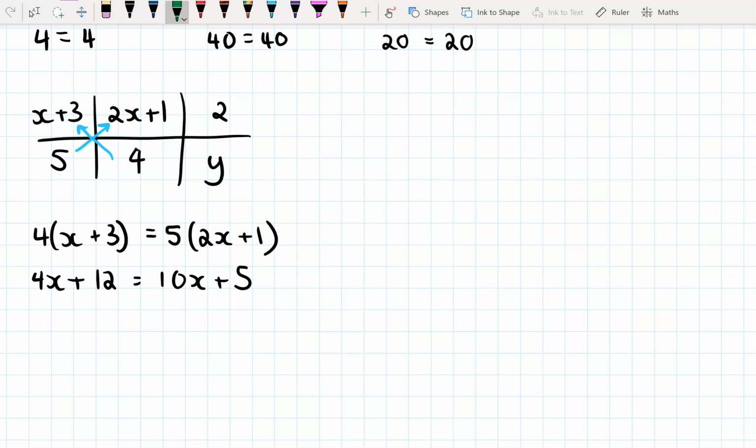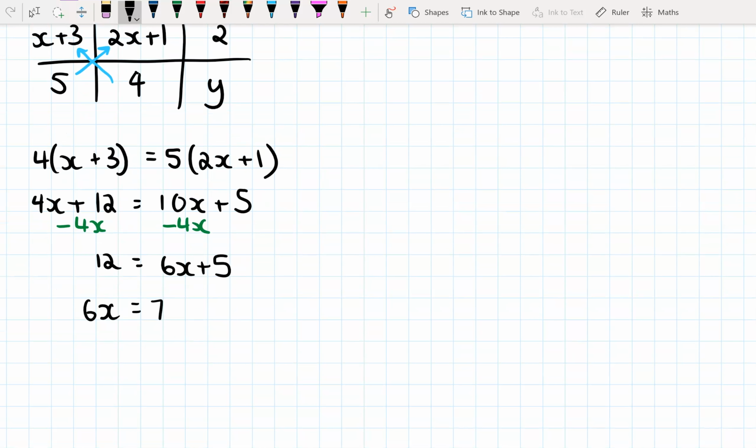As you know, I like to remove the smallest variable term, so minus 4x from both sides gives us 12 is equal to 6x plus 5. If we minus 5 from both of them, 12 minus 5 is 7, so 6x is equal to 7, and now we're going to divide by 6.